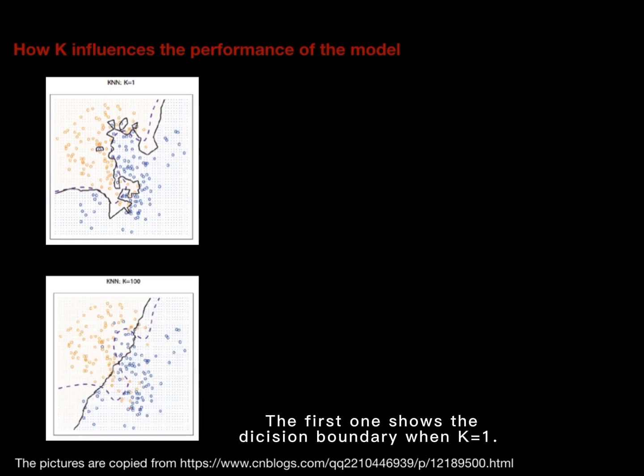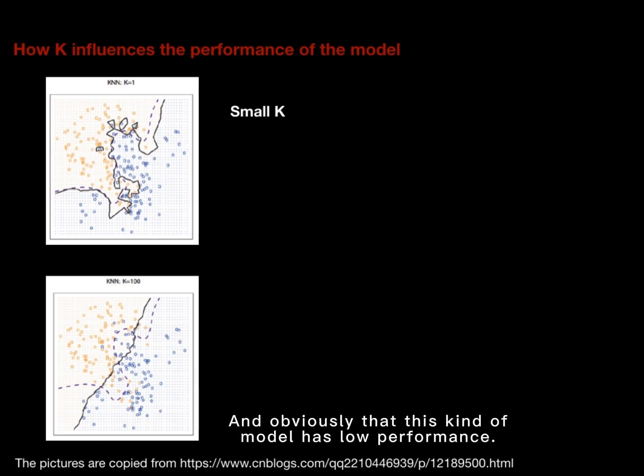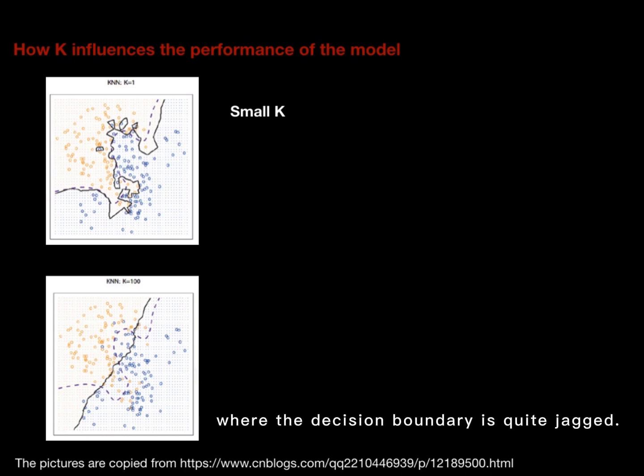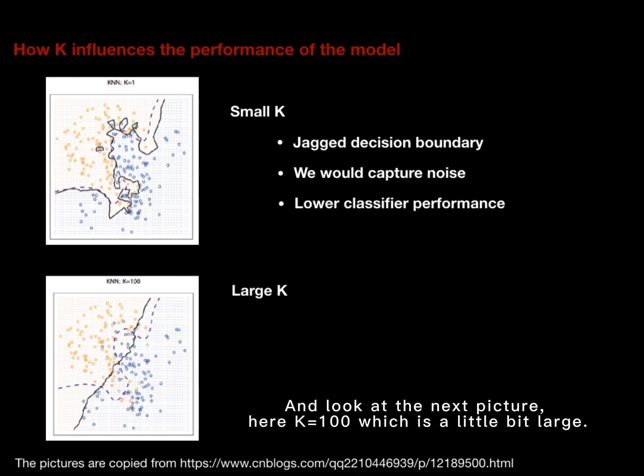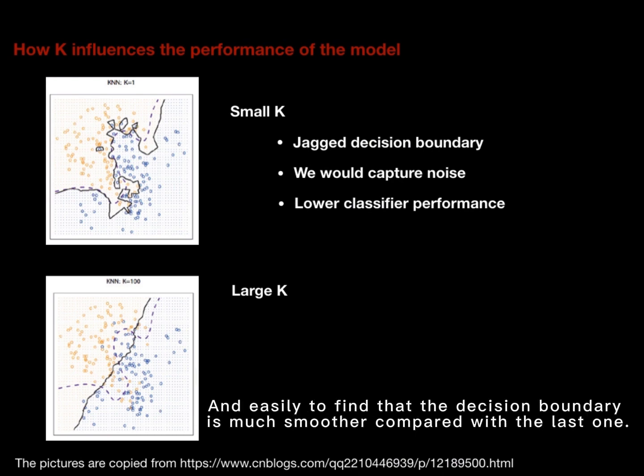The first one shows the decision boundary when K equals 1. Obviously, this kind of model has lower performance, where the decision boundary is quite jagged, and there are so many single circles, which represent noise. And look at the next picture. Here, K equals 100, which is a little bit large, and it is easy to find that the decision boundary is much smoother compared with the last one.